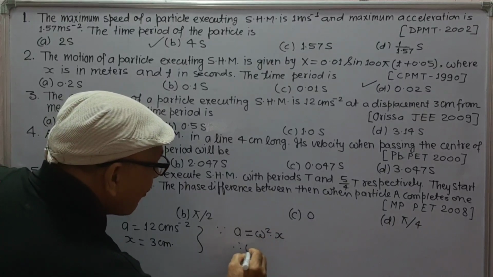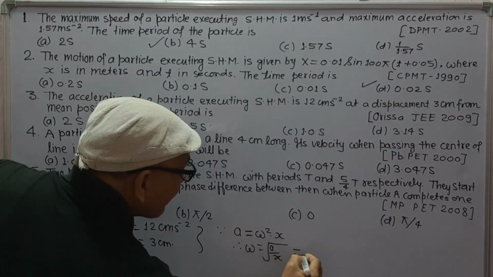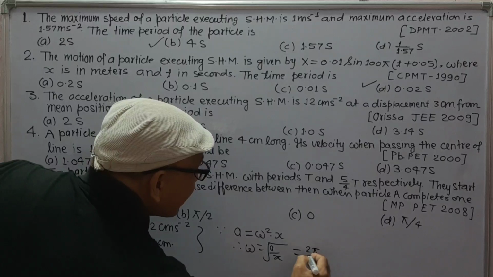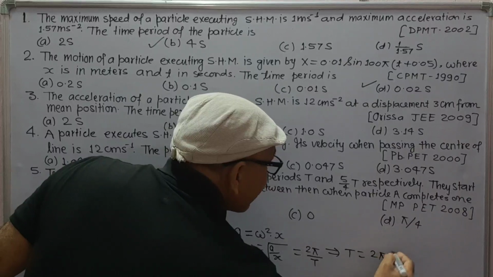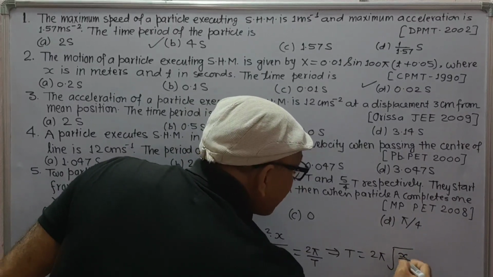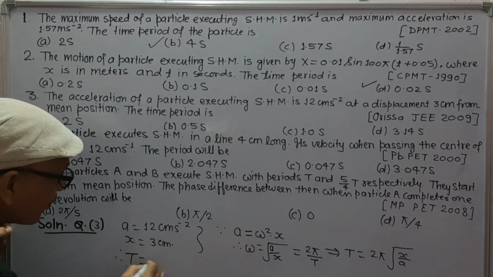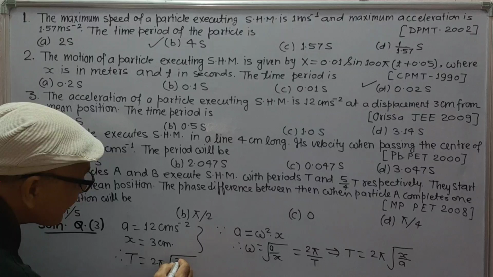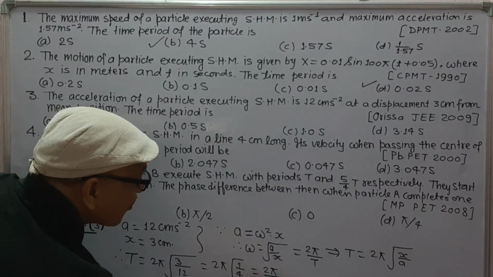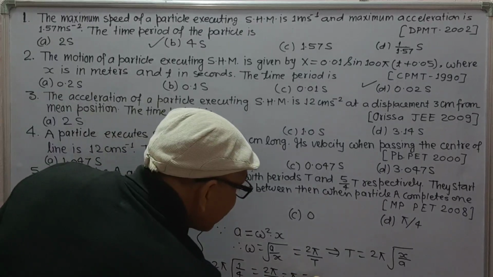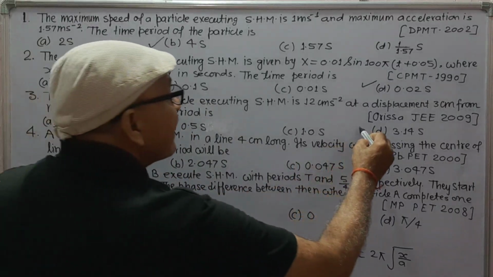Therefore, omega will be equal to under root a upon x, and omega is 2 pi by T, which gives T as 2 pi under root x upon a. Hence, T will be equal to 2 pi under root 3 upon 12, 2 pi by 2, that is pi, which is 3.14 seconds. So, the correct option will be D.